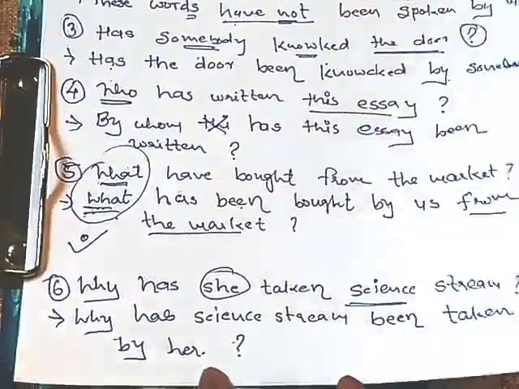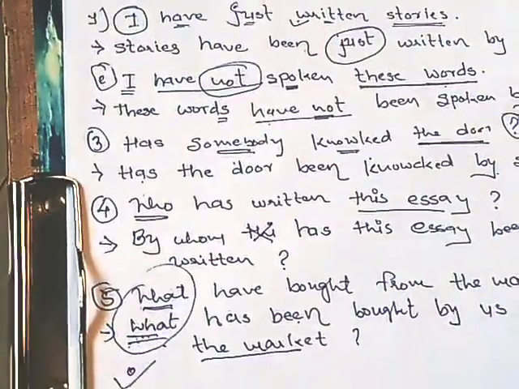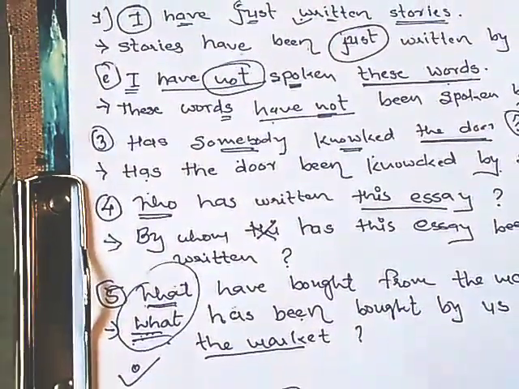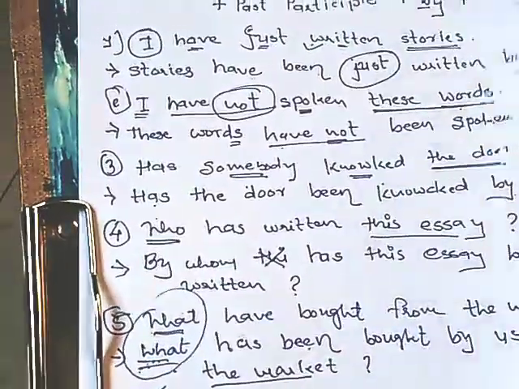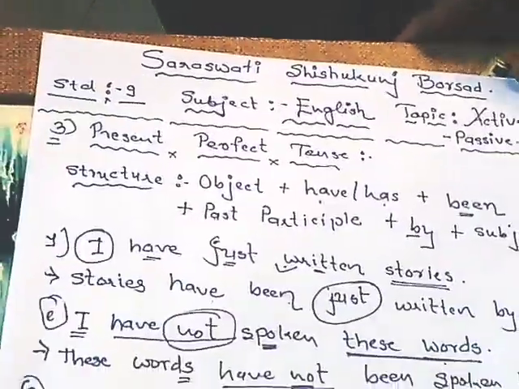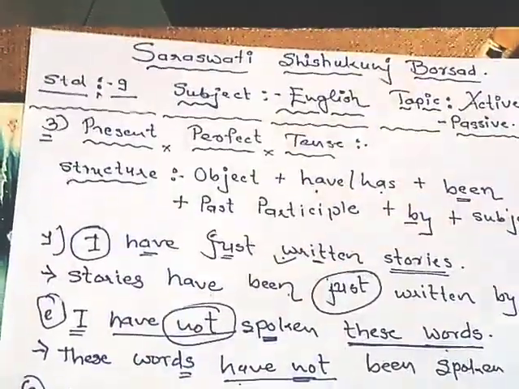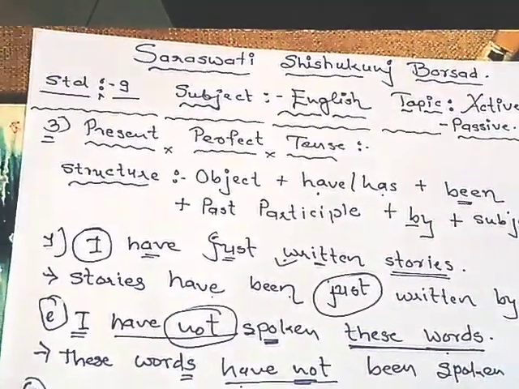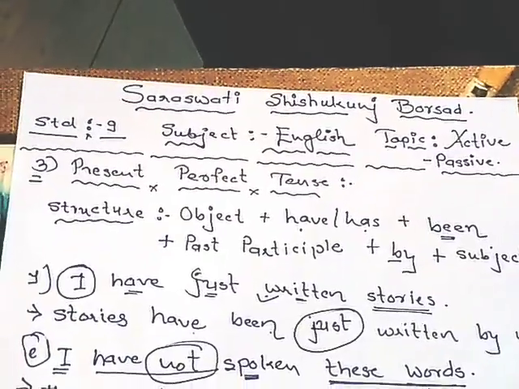So this is how we can solve passive voice sentences. You have to see whether in the given sentence the subject, verb and object are given or not. Then after that decide the tense. If you are not able to decide which tense it belongs to, it is not possible for you to give the correct answer.